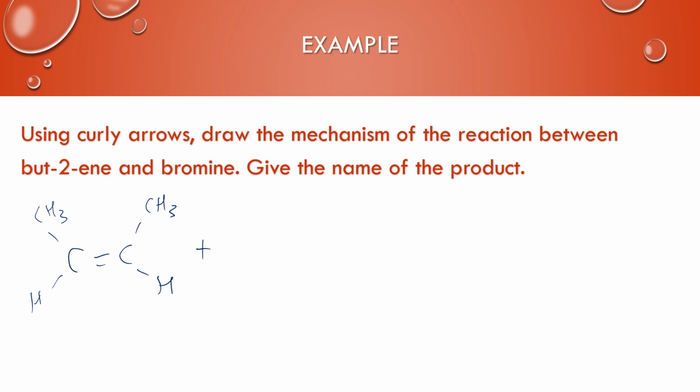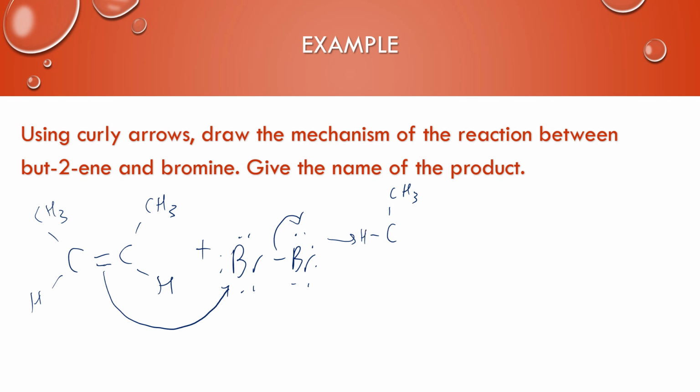Then it says draw the mechanism of the reaction between them. So I want to draw this showing that bromine-bromine bond because the double bond here is going to transfer. And so in step 1, we have our first bromine being added.